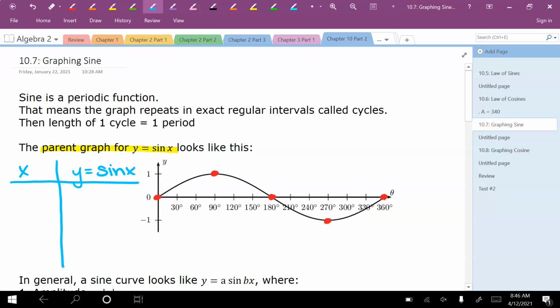My x values would be some of these key points that I outlined: 0 degrees, 90 degrees, 180, 270, and 360. And then when I plug those in, if I type in a calculator sine of 0, sine of 90, sine of 180, and I keep going, the numbers that are going to pop out are going to be 0, 1, 0, negative 1, 0.